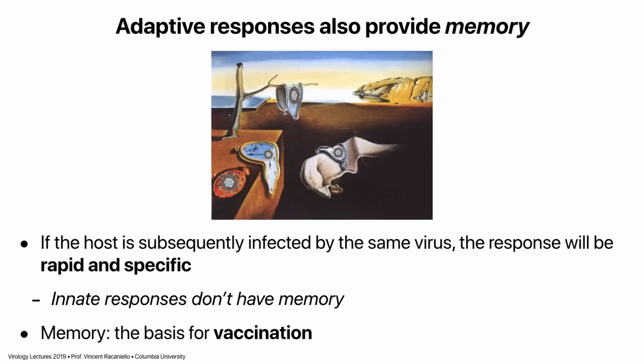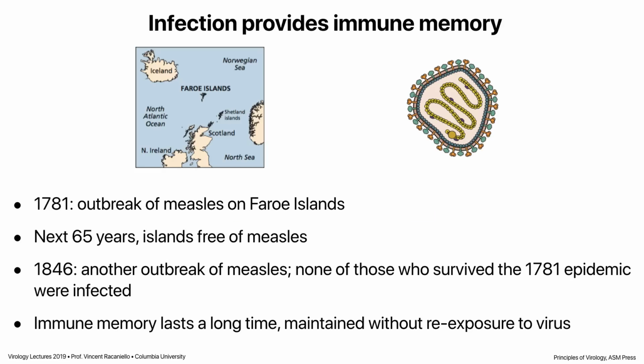And this is a characteristic of adaptive responses, that they have memory, and it's not a feature of innate responses. And this memory, of course, is why we vaccinate. We provide an encounter with the virus without pathogenic consequences that provides memory, so that if you ever encounter the virus, you will make a very robust B or T cell response and be protected.